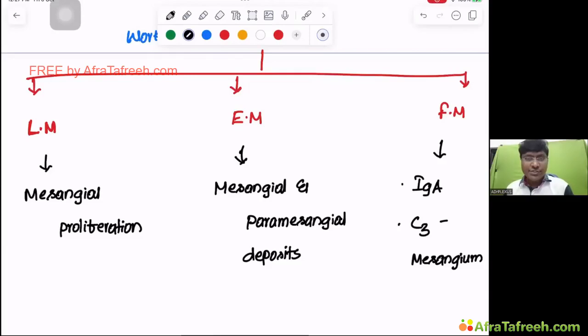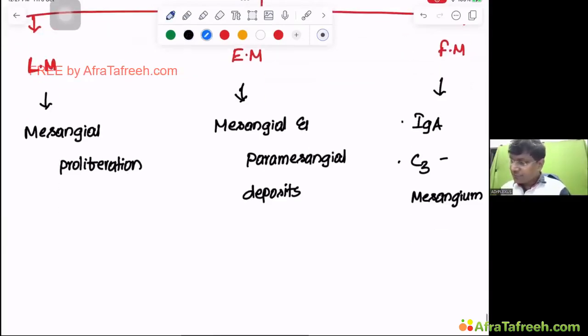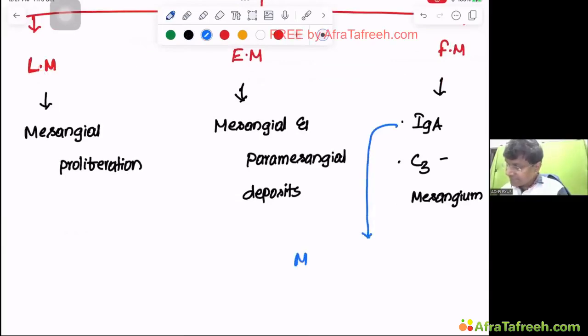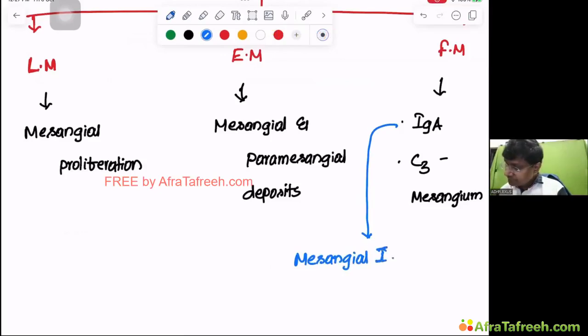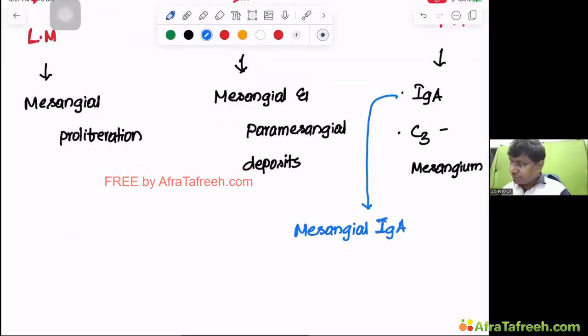Okay, so that is your IgA nephropathy, which is also called Buerger's disease. The presence of mesangial IgA is the sine qua non for diagnosis.